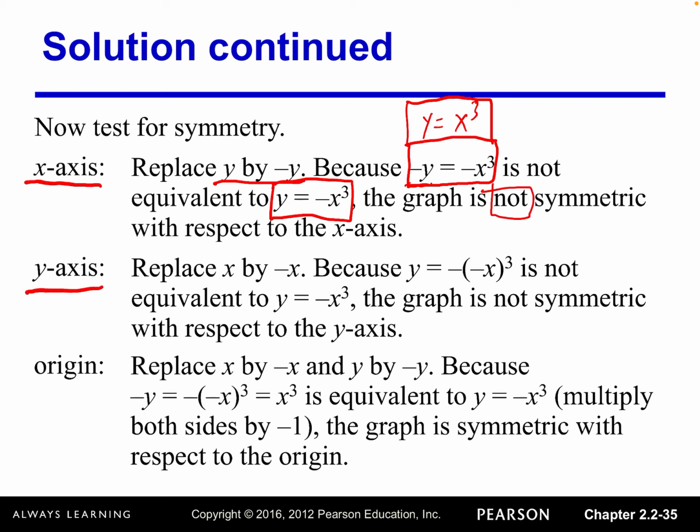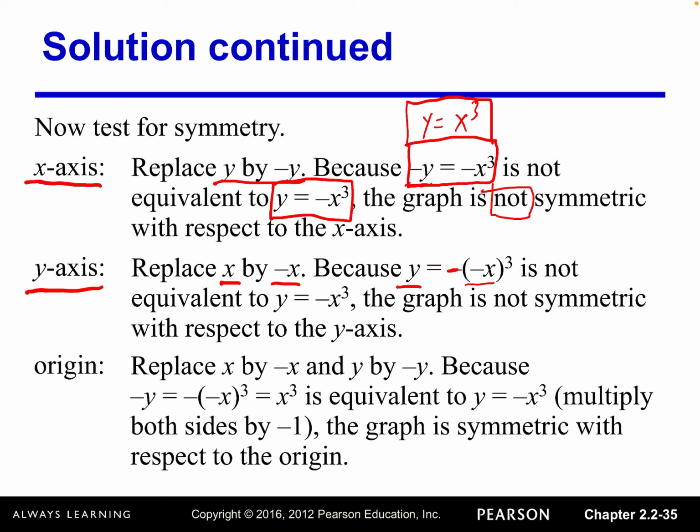Now let's check the y-axis. We replace x by negative x. The left-hand side has no x, so we just copy y equals, and then on the right-hand side replace x by negative x. This negative sign is the original problem's negative sign. And then negative x to the third power. The third power is an odd number, so negative 1 raised to the third power is negative 1.